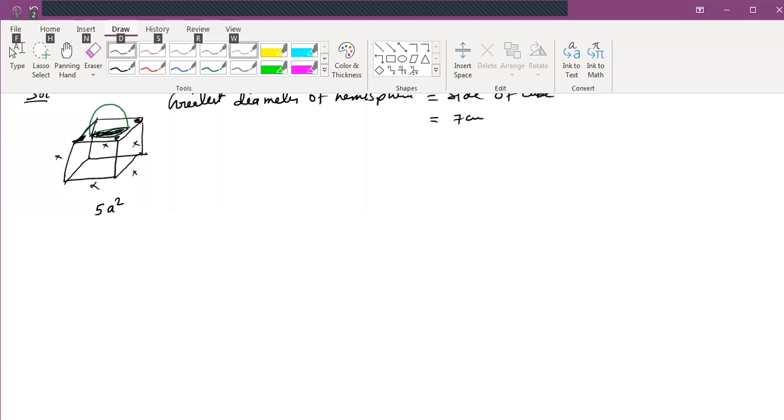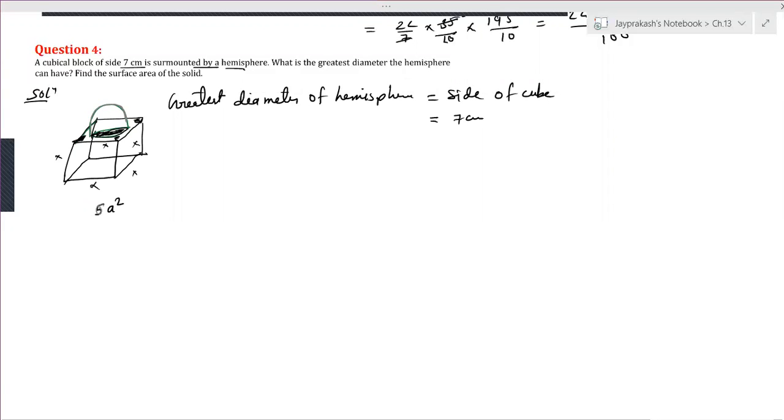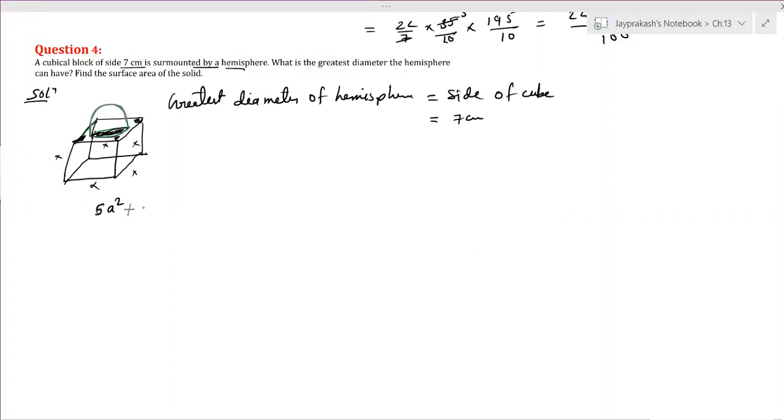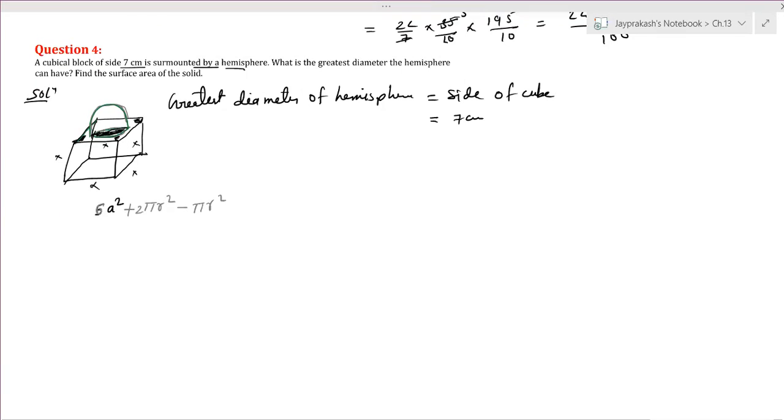And we are also able to touch this spherical part. So that's why in the place of 5, we will use 6. And out of 6, we are also able to touch the portion of 2 pi r square, that is the curved surface area of the hemisphere, minus this circular base, meaning pi r square, because this base is touching the lower portion of the cube.